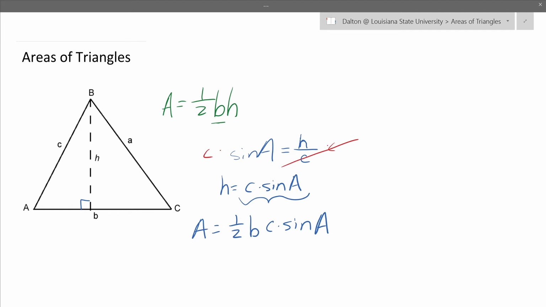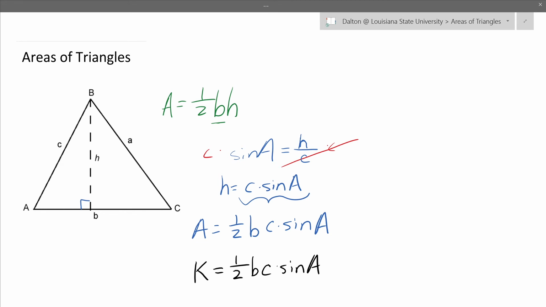So to not be confused, this particular areas of triangles topic uses the variable K to represent area, and that's just an understood thing. So we're going to change A to a capital K, and we're going to say that area is 1/2 BC times the sine of A.